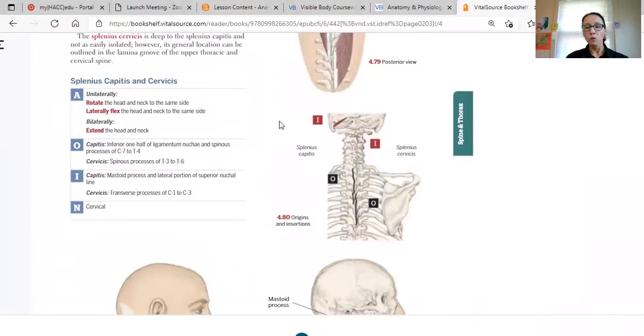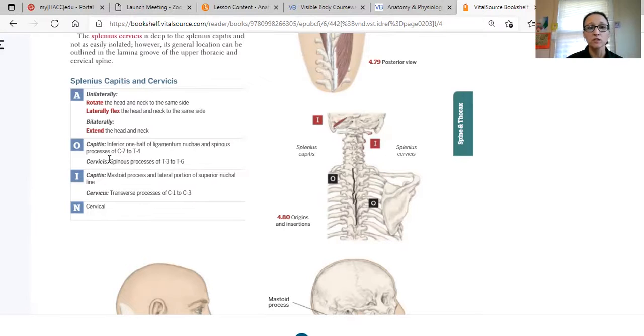I'm going to make this just a little bit bigger here. Okay, so the origins, of course, are a little bit different, as you can see right over here. The origin of Splenius capitis, and the reason it is called capitis is because it inserts up in the skull. So capitis refers to the cap or skull.